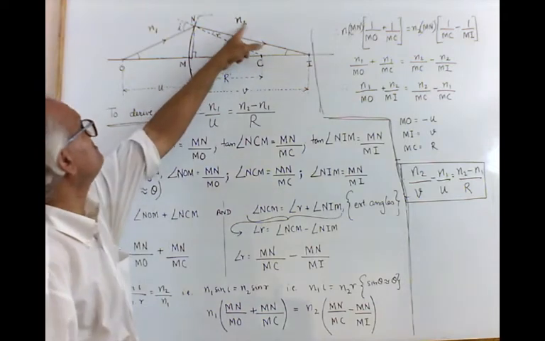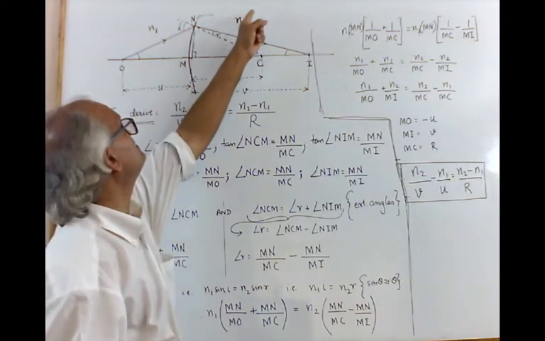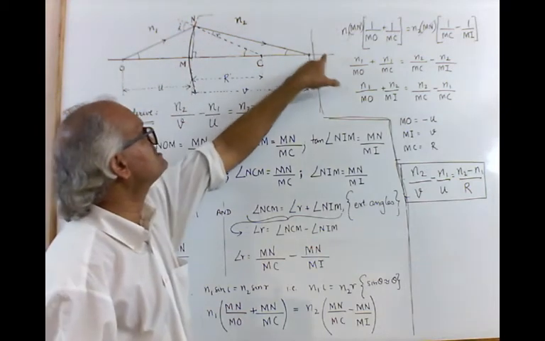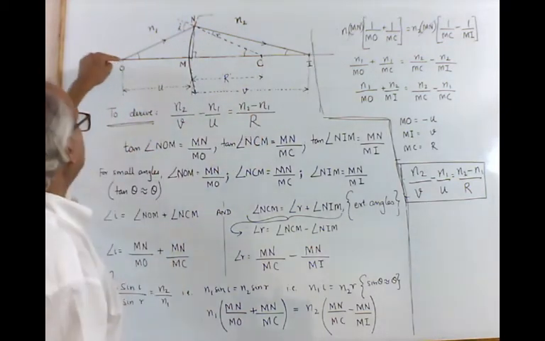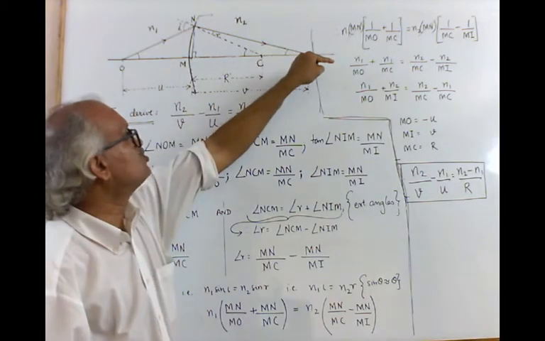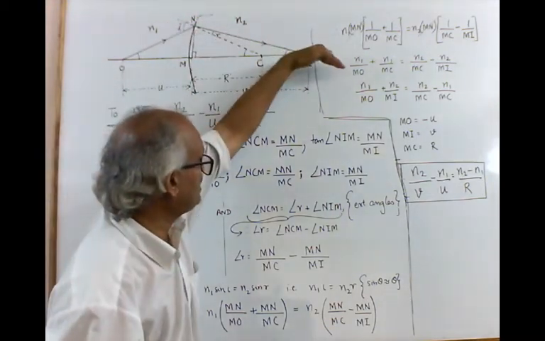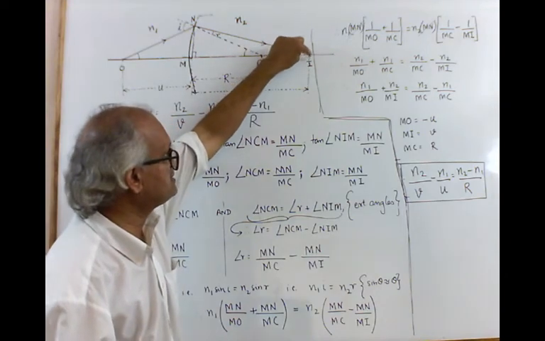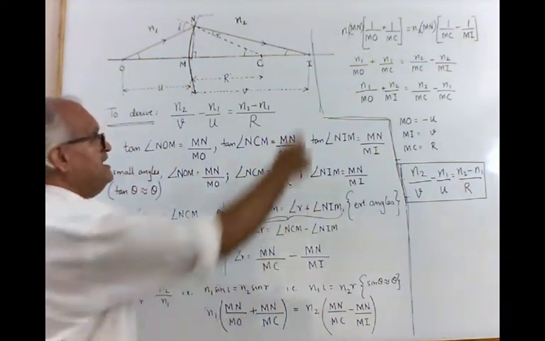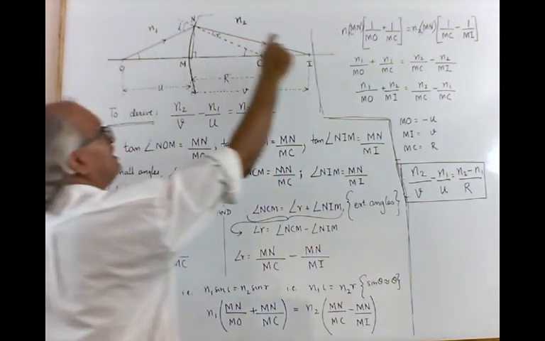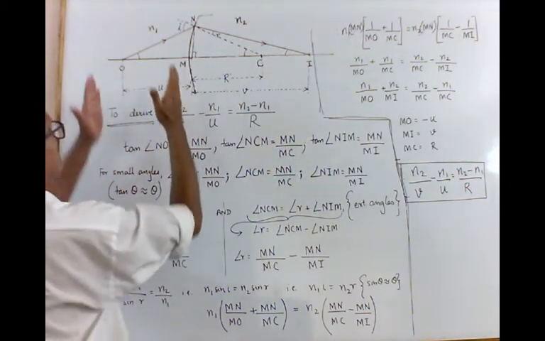Because this is a denser medium, instead of continuing like this, the ray bends towards the normal and comes somewhere here. Any ray going along the principal axis goes undeviated. So one ray like this, one ray bending like this, both will intersect here. This means the image will be formed over here. So for object at O, we have got image at I.